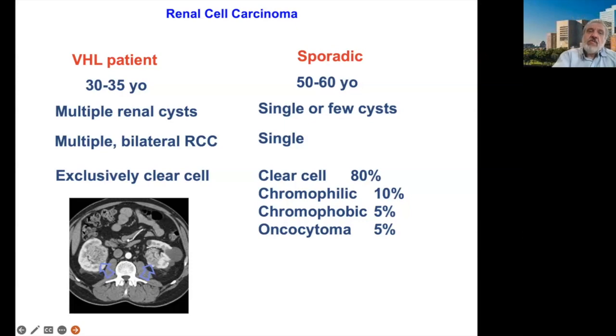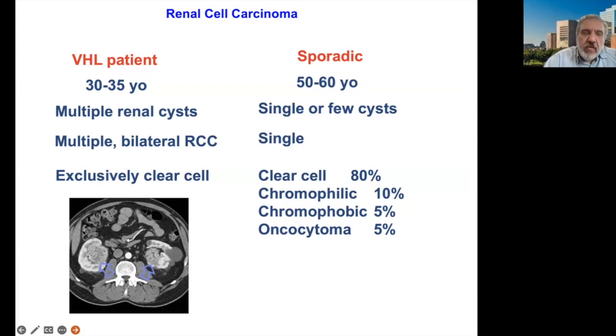So at the beginning, we screen the patients for hemangioblastomas when they are 9 and 10 years old. But when the patients become adolescents, 17, 18 years old, even 16, we start also looking in the abdomen MRIs for renal cell carcinomas. There are multiple cysts in the kidneys. And these cysts can also have a semi-solid component, like the popcorn type of cysts, as I say, or they can be solid tumors.